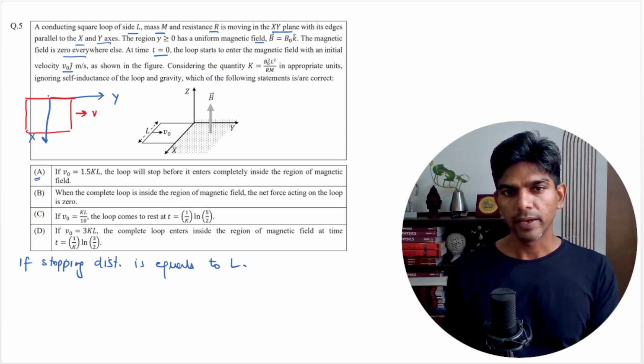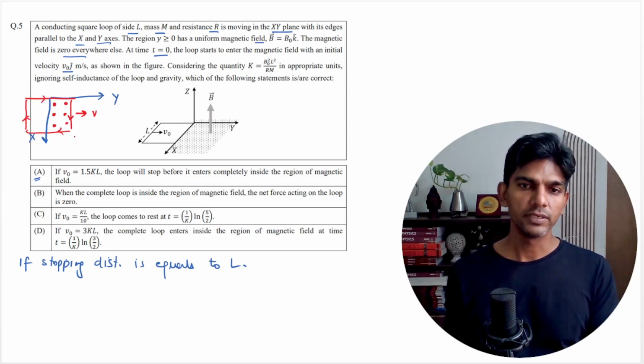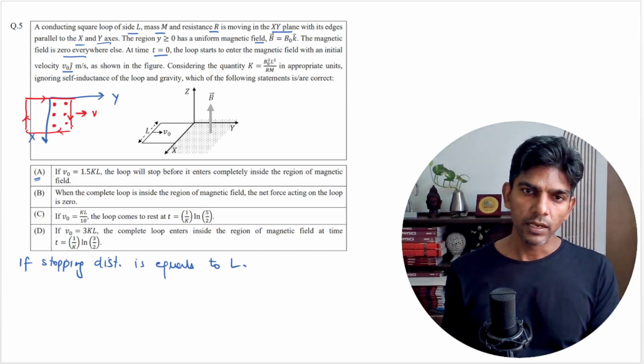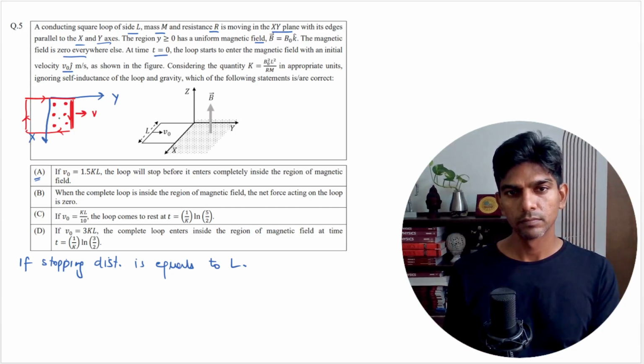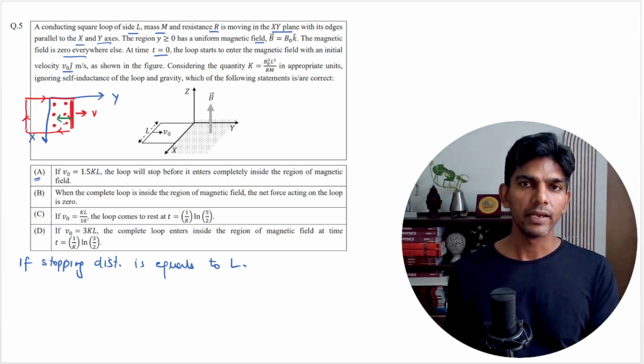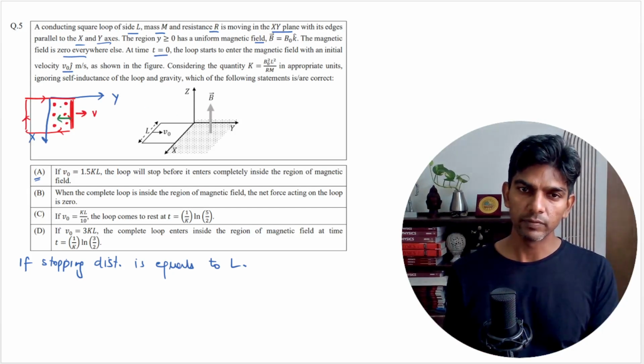The magnetic field is in the z direction. So flux is increasing, right? So there will be an induced current in the clockwise direction. Now this arm, the leading edge, will experience a magnetic force in the left direction by using IL cross B.